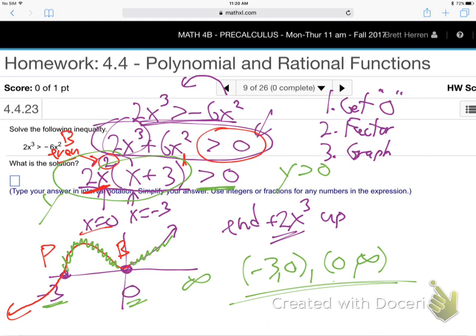That's right. Because f of x, the whole function, is the y values. They're saying, what x values make the y values above? And we're saying, between negative 3 and 0, those x values make the y values above, and 0 to infinity make the y values above. Exactly. Good. So function values are always heights, y values, on the graph.